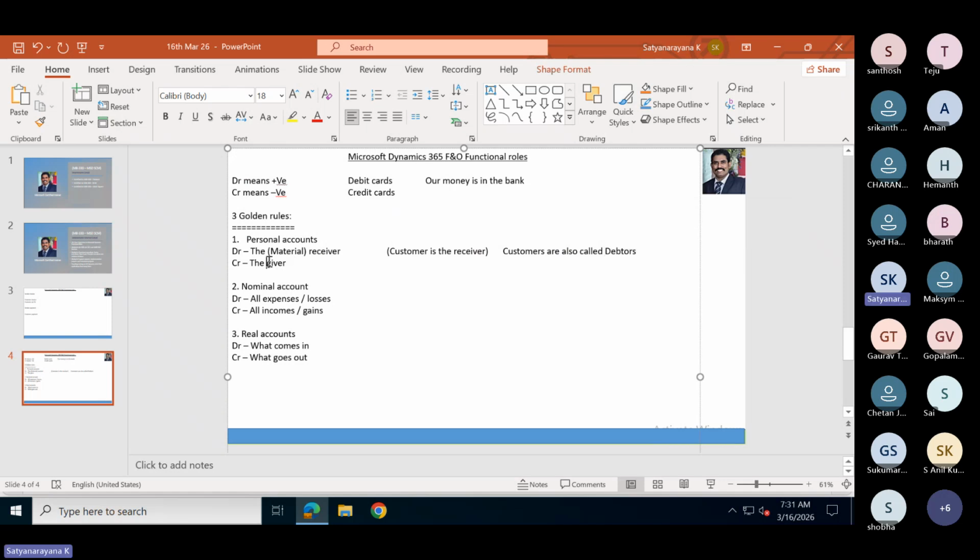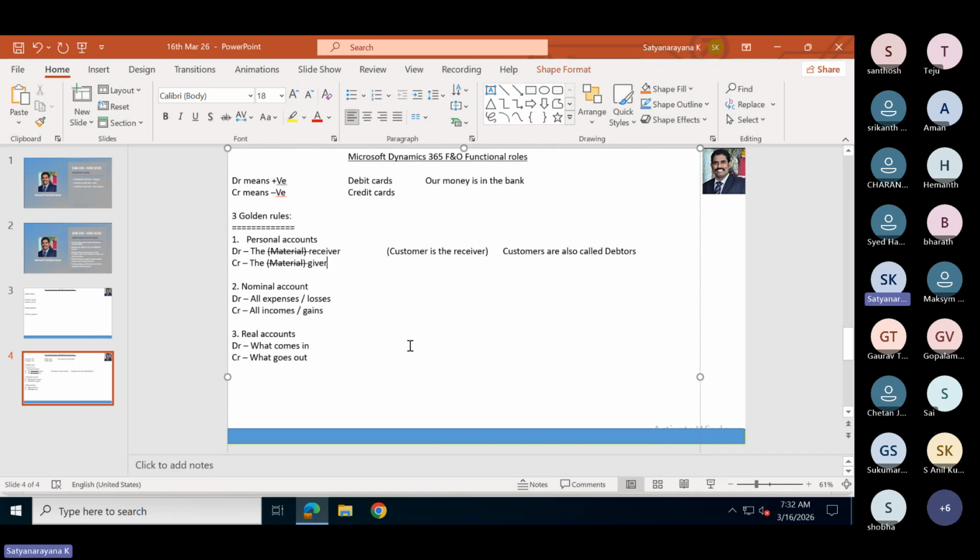Credit the giver. Material giver. Here I added this; I cannot amend the rules, but for understanding purpose, I'm speaking here. Like a mother will speak to a child, moon, moon, come to earth, play with my child.